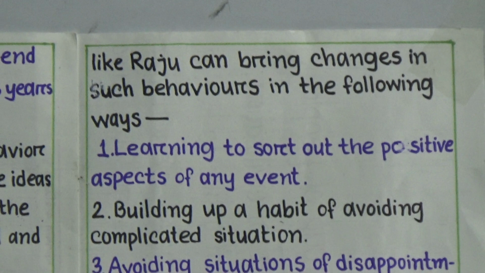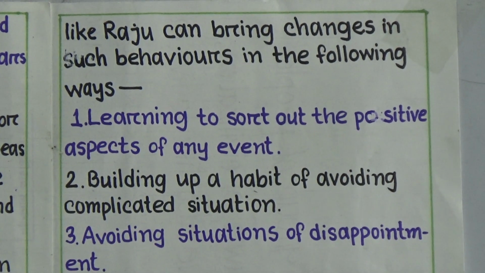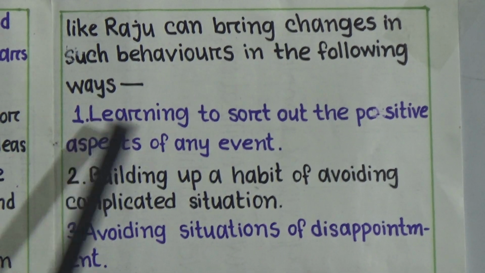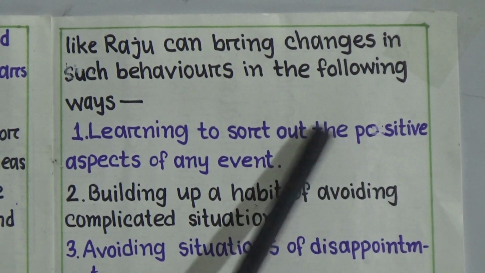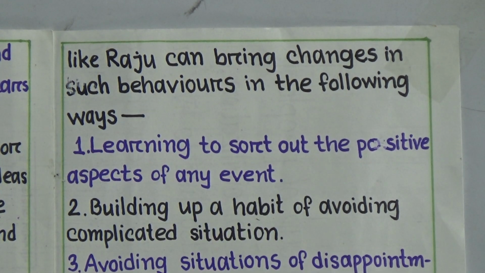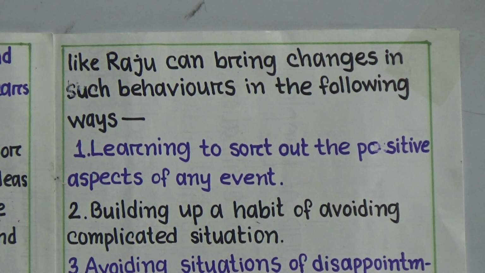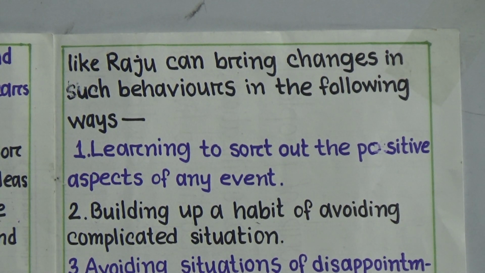If we maintain these rules or ways, we can stay balanced. Number 1, learning to sort out the positive aspects of any event. We need to be positive. Whether the work is easy or hard, it doesn't matter. The fact is we need to be positive in any way.